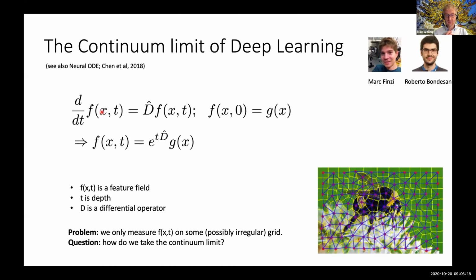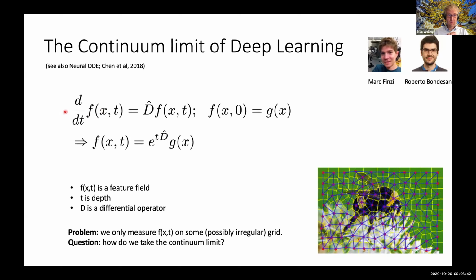And the work is to some degree inspired by, of course, the method called neural ODE, neural ordinary differential equation, by Chen et al. You can think, and that's not new, I think many people have observed this: if you think of an MLP as an ODE, you can think of a CNN as a PDE.